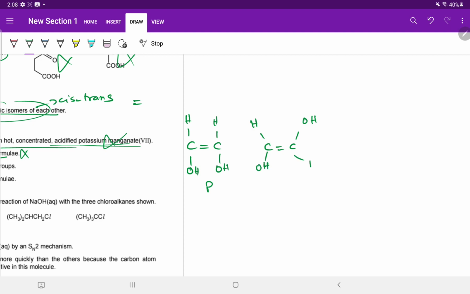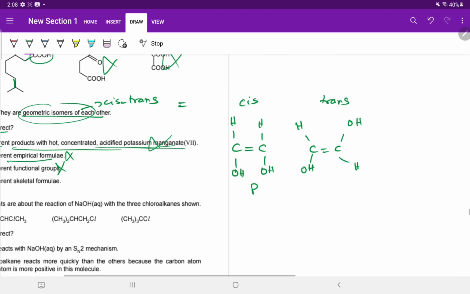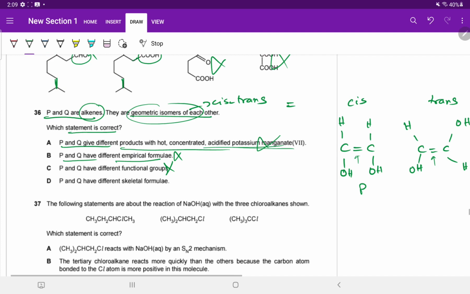So one is cis and one is trans. So this is our cis and this is our trans isomer. So they both have the same molecular formula, same empirical formula. So they should not have different empirical formula. Obviously they have the same functional group. Over here we can see they have the same alkene group, same alcohol group. Any kind of functional group they have, they must have the same functional group because they are geometric isomers.